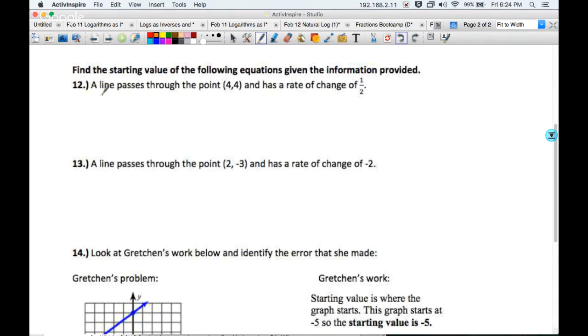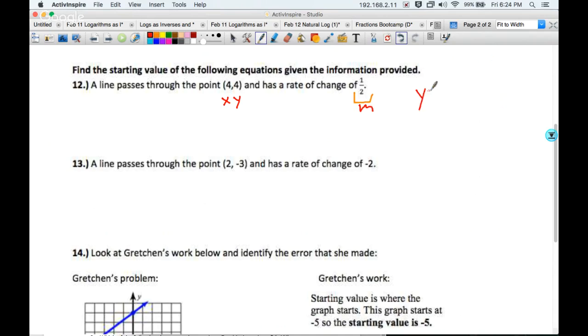Let's look at this one. A little bit different. A line passing through the point 4, 4 and has a rate of change of 1/2. So very similar, but we're given the rate of change, so we don't have to solve for that like we did in problems 1 and 2. And then we don't have a choice which x and y to borrow. We have to use these ones here as x and y, this is m.